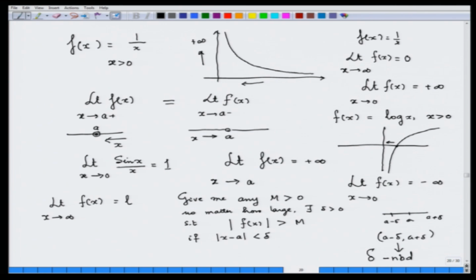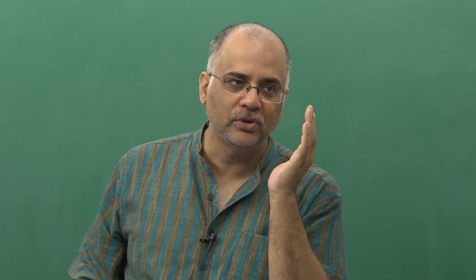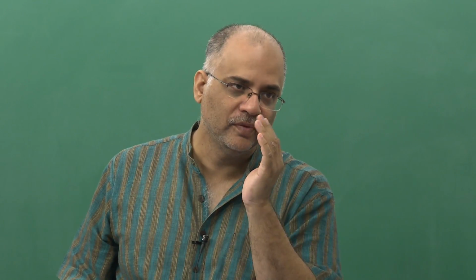Whenever x is in this, mod of f(x) would be very large. Of course, you can ask, if the whole thing is negative, how can I write this? If f(x) is tending to infinity, at a certain time the function value has to become positive. So, you may say that I can just forget the negative values and concentrate on the positive values and see where it is going when x is approaching a.